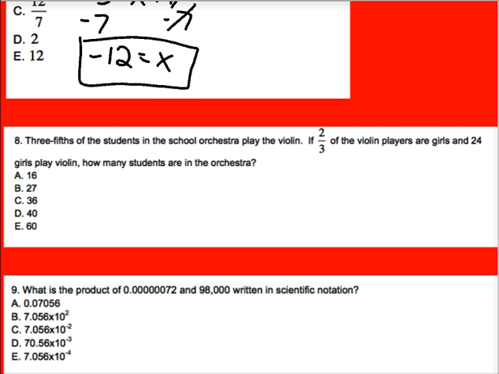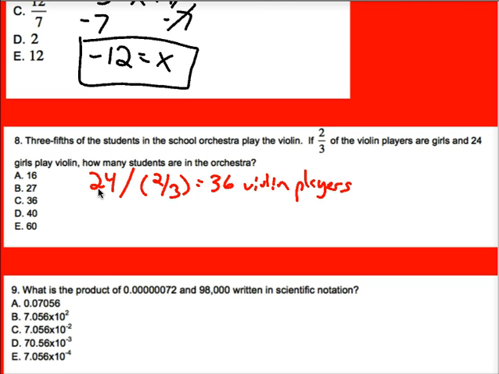I'm going to say 24, and if I divide that by that 2/3, that's going to give me that there's 36 violin players. If I then take those 36 violin players, because that consists of 3/5 of the student body that's in orchestra, so if I divide by that 3/5, that's going to give me 60 people in the orchestra.